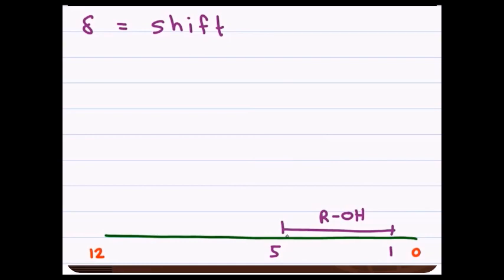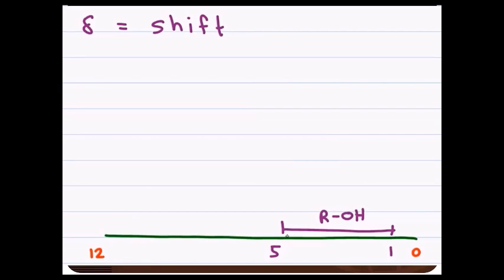Because you could have had some other types of peaks showing up within this 1 to 5 range. So this info is not so useful for you to identify what you really got going on here for your spectroscopy.